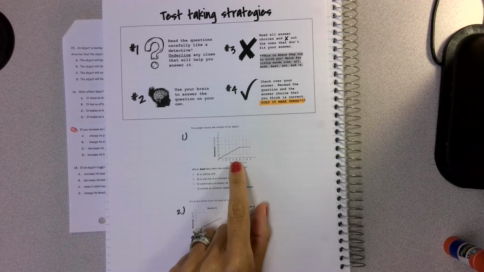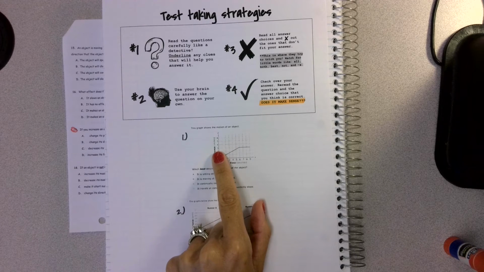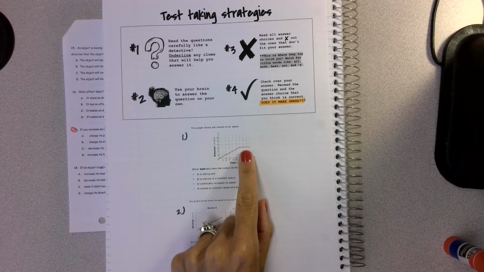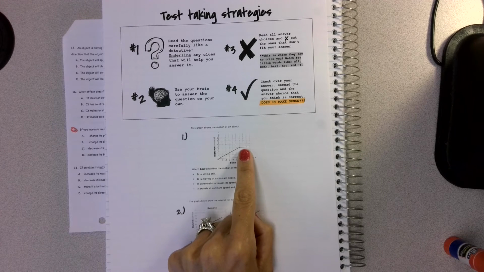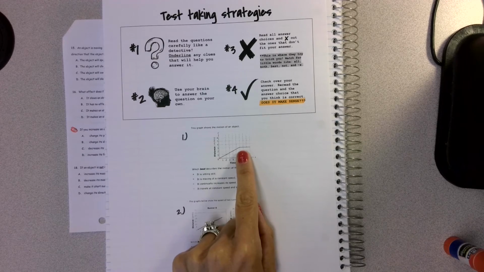So from 0 to 6 seconds, they move 3 inches. Then at 6 seconds, they do what right here? They stop. They stop all the way until 9 seconds, and then we don't know what they do after that. So they go at a constant speed, and then they stop.